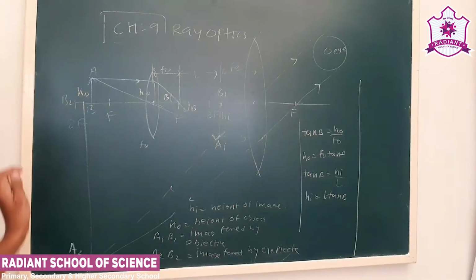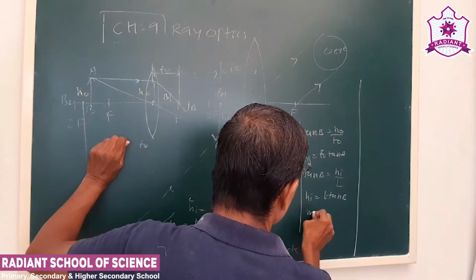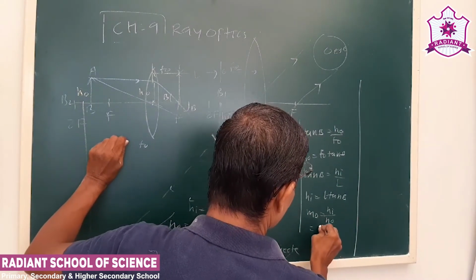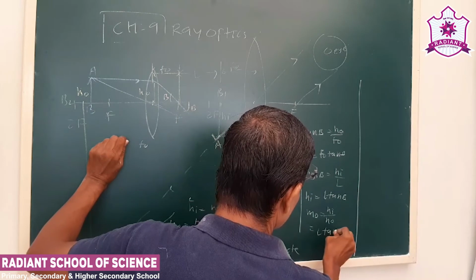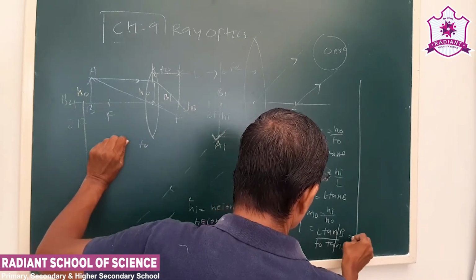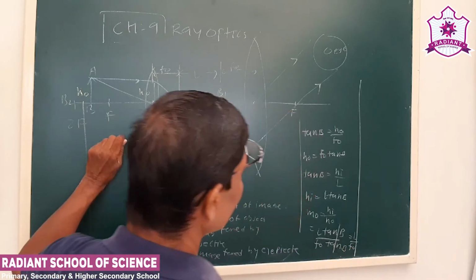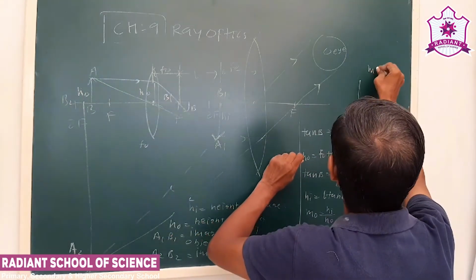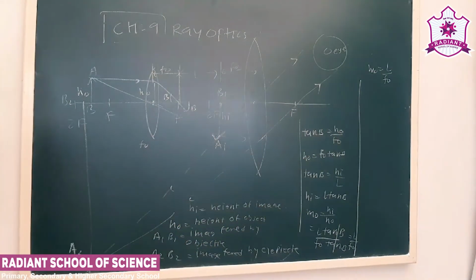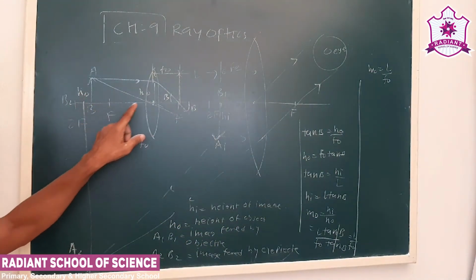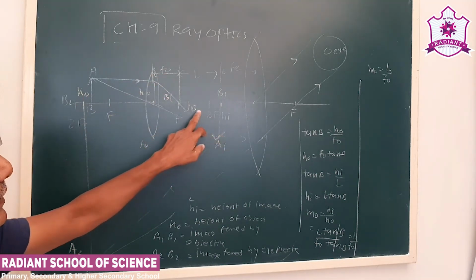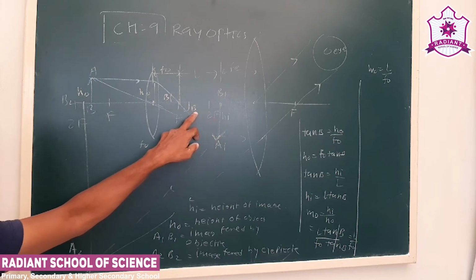Now see the magnification due to the objective is HI upon HO, that we can write as L tan beta upon FO tan beta. Now let us see again. The image formed by the objective, the first image A1 B1, we call HI, and it makes angle beta.